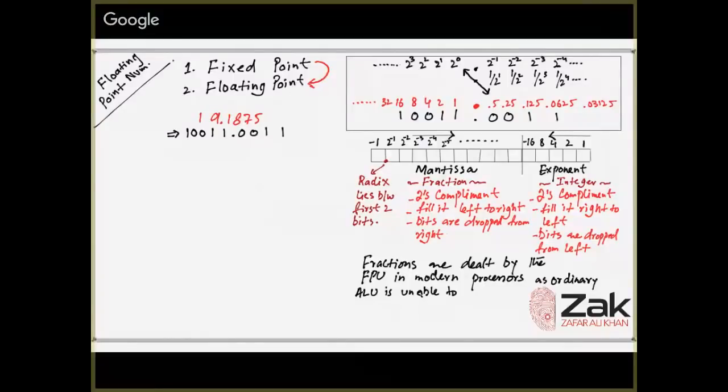Floating point means that as a computer we cannot actually have a space for a point, so we have to float the point to a fixed space. We will learn about it, and then we assume that the point lies between these two first bits or whatever, and we do not actually show it. So that is floating point. So first we have to find the fixed point. Now what is fixed point?